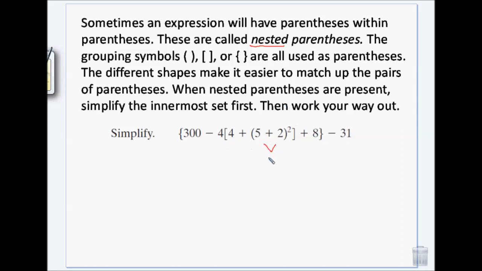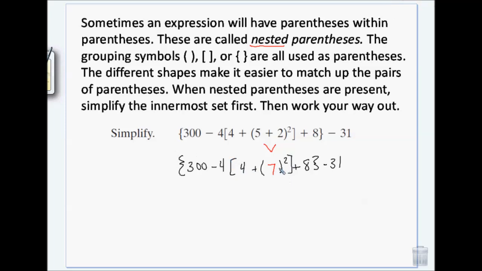So we're going to do this 5 plus 2. And everything else gets written exactly as it already is. Okay? The only thing I changed was this 5 plus 2 here. So now I'm inside these brackets.